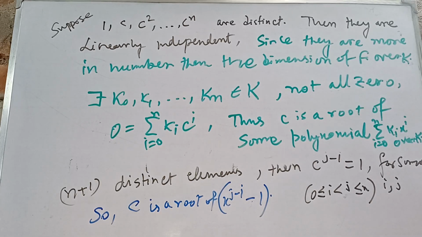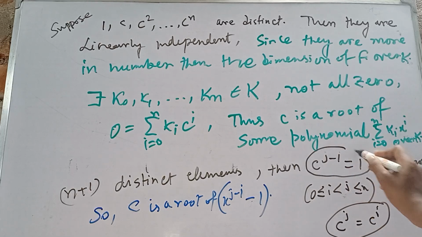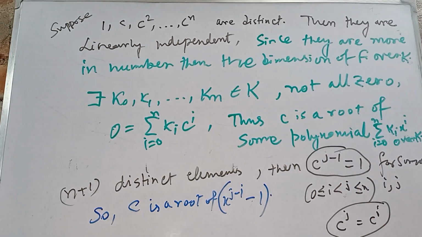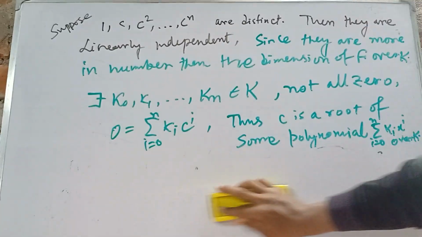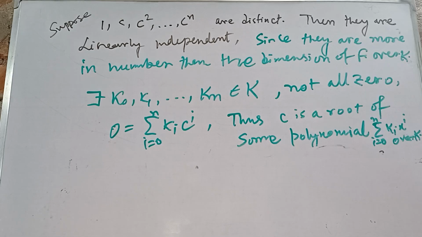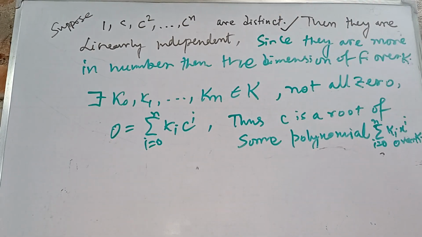If this does not contain n plus 1 distinct elements, then c to the power j minus i equals 1. That means c to the power j equals c to the power i, so c is a root of this polynomial. Otherwise, if 1, c, c squared, up to c to the power n are distinct, then they are linearly independent.